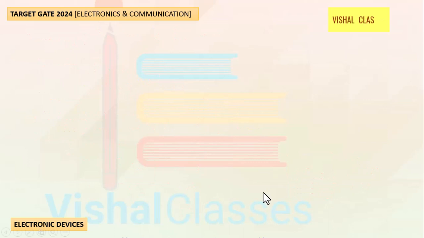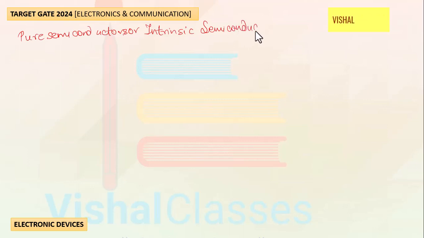Next. Pure semiconductors, as you may have studied in BTech, some of you may know, or intrinsic semiconductors. A pure semiconductor means it has no impurity.